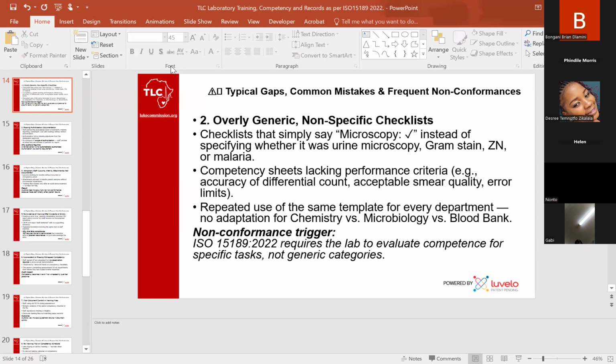Another non-conformance is repeated use of the same template for every department, with no adaptations for chemistry, microbiology, or blood bank. What is your non-conformance trigger? ISO 15189:2022 requires the lab to evaluate competence for specific tasks, not generic categories.